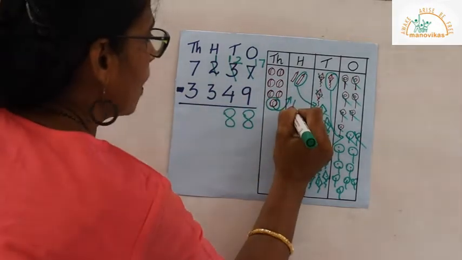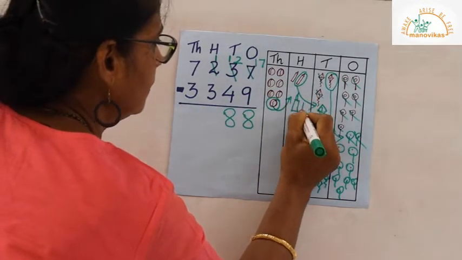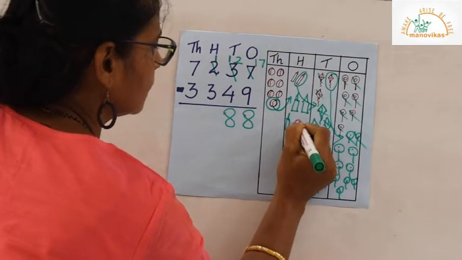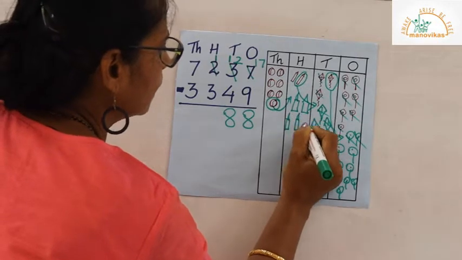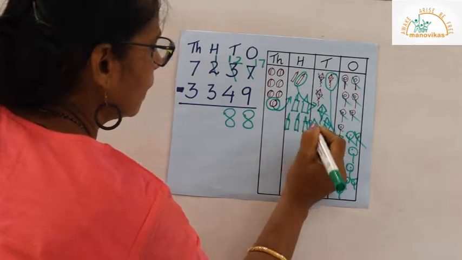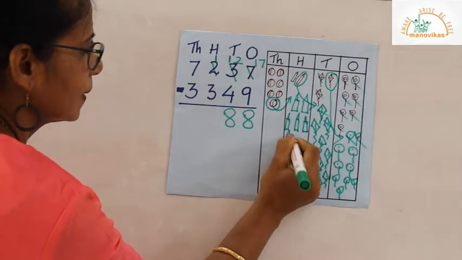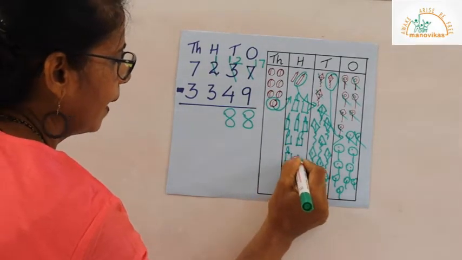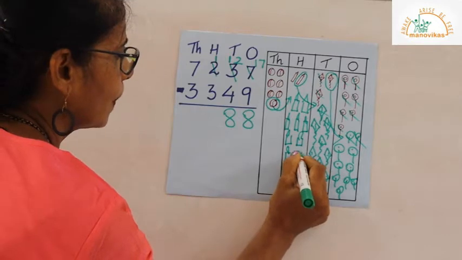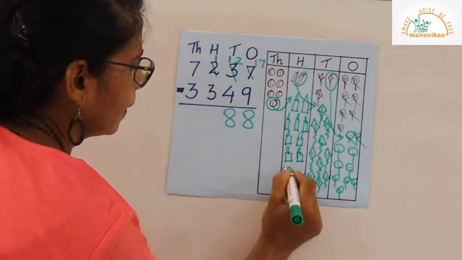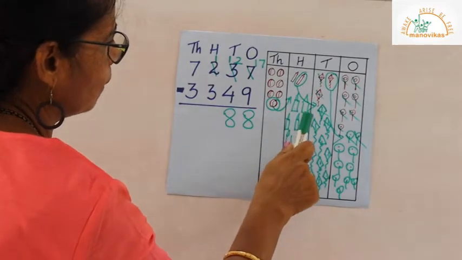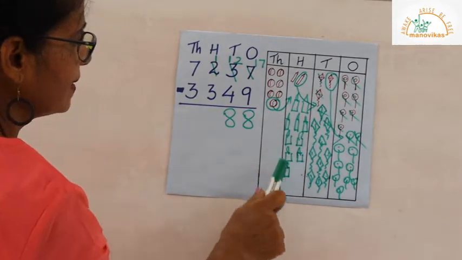Now let's draw 1, 2, 3, 4, 5, 6, 7, 8, 9, 10.